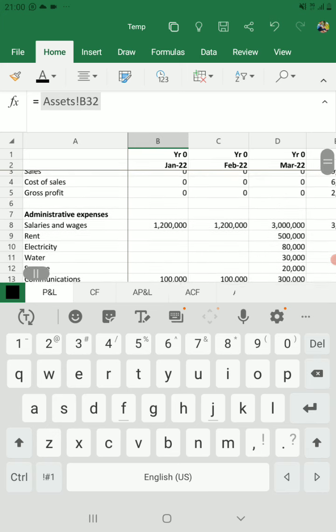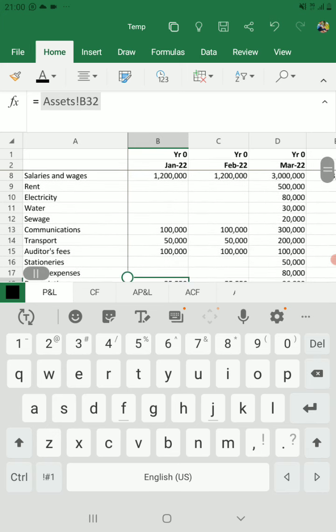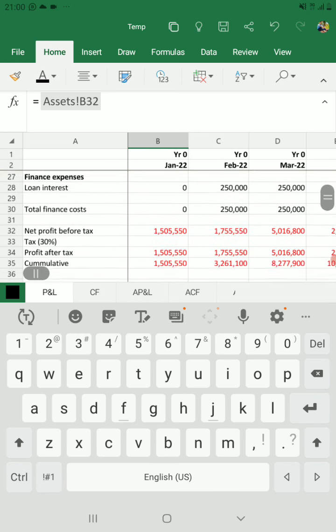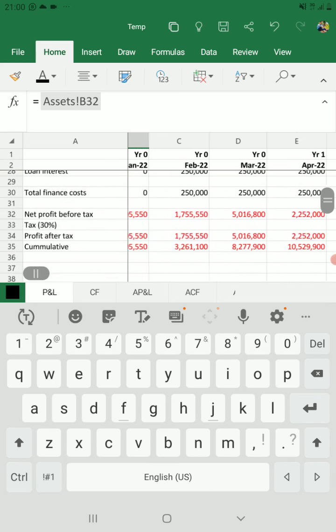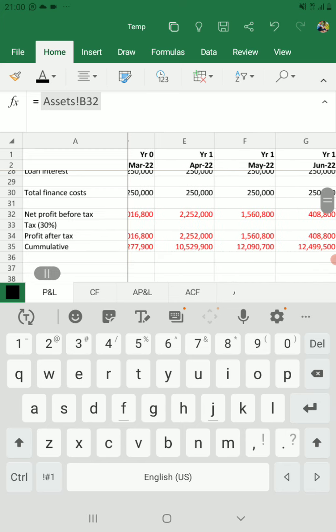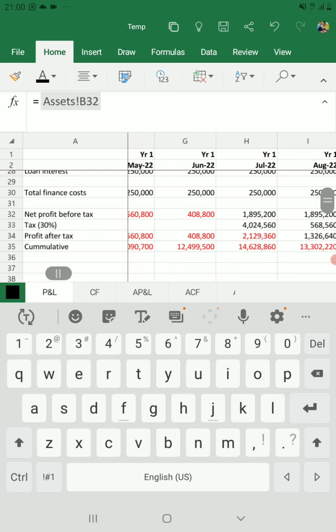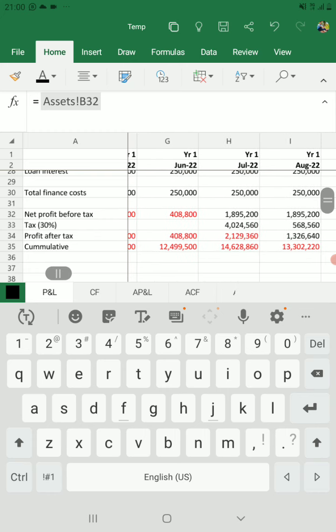After doing adjustment for the sales figure, our net profit has now changed. Okay, so we need to recompute our tax because we did it manually.